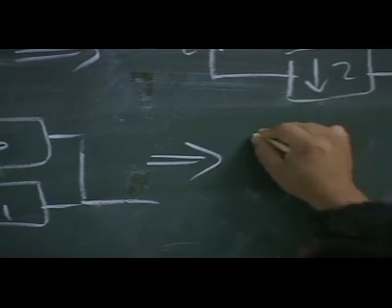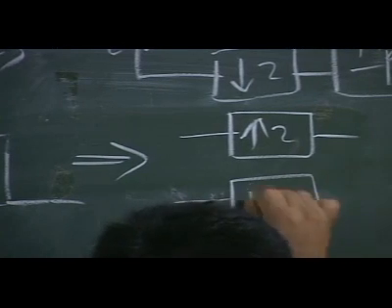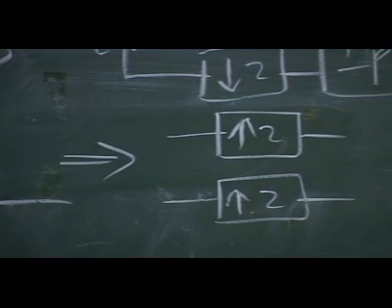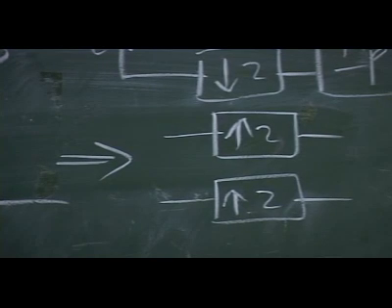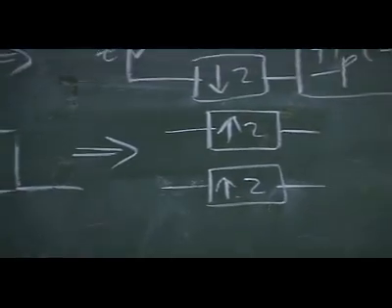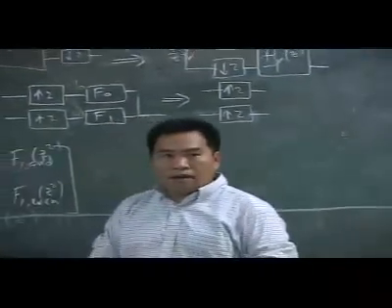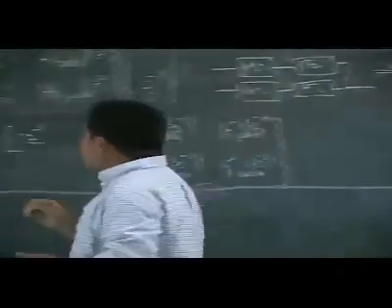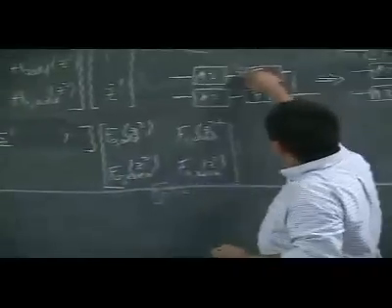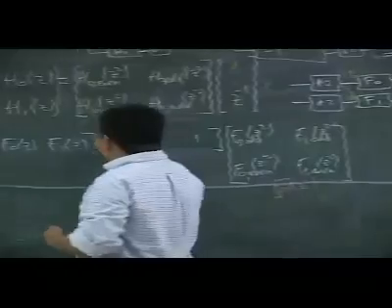So we will copy this upsampling block here. Tell me what next. Does the matrix come first or the delay? Matrix. How do I see that? Well, as before, there's a vector u naught, u1 here.